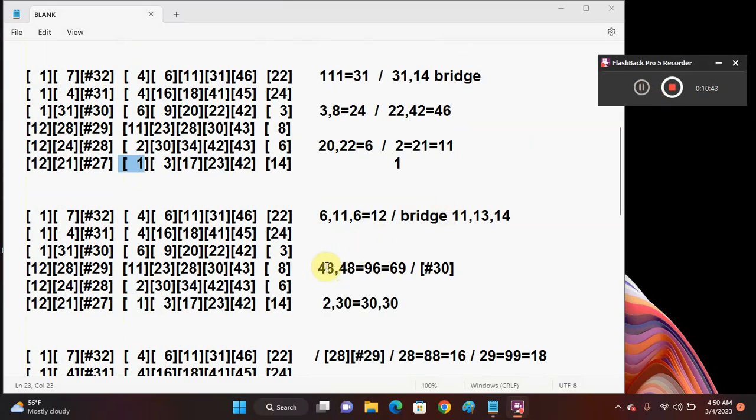I'd like to talk about the 48. 48 sequence is equal to 96 and 69 in reverse sequence right here. Now, whenever you get a 48 sequence, that'll translate to a 96 or 69 sequence. Now, if you look over here, notice how you got these two digits here and this one right here.